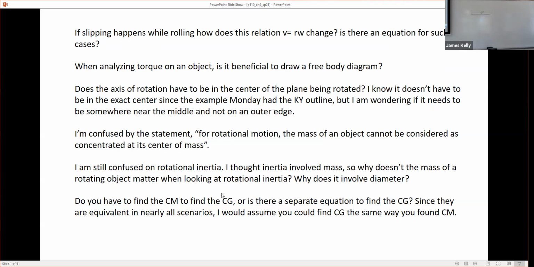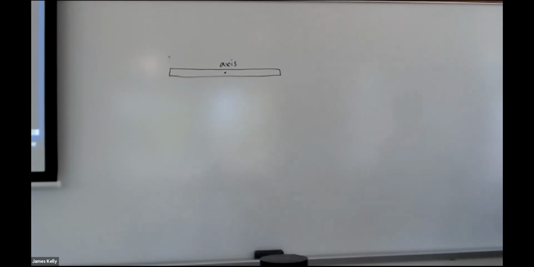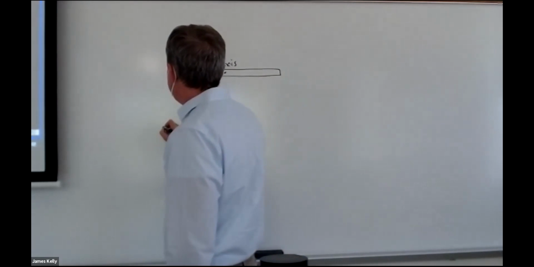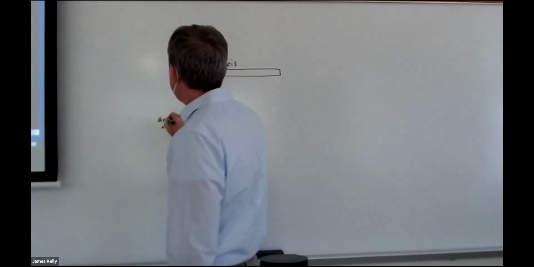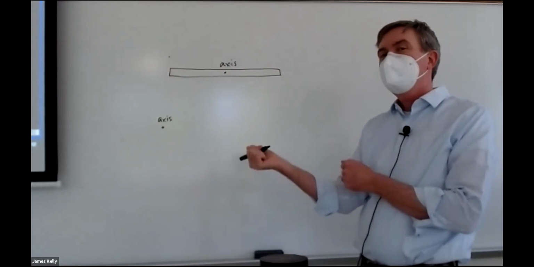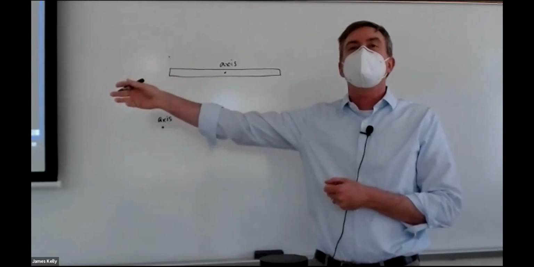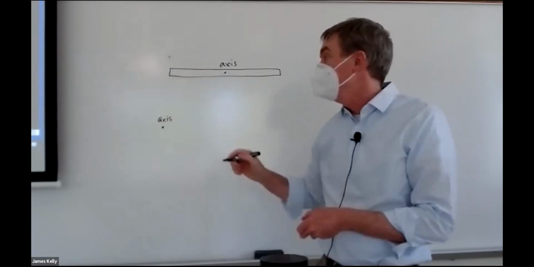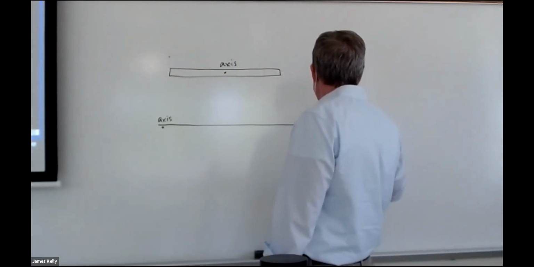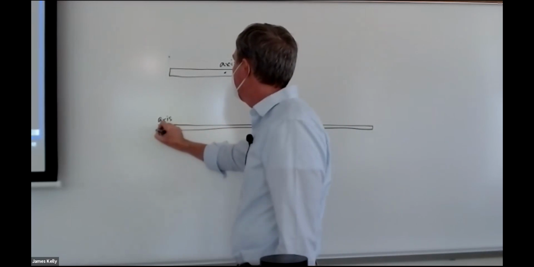So let's imagine that I compare two cases. Here's where my hand is, and I'm going to rotate about an axis, which is where my hand is, and I'm holding a rod. The rod's almost massless, but I'm going to put a really heavy mass on it somewhere, right? I'm going to do two cases. This is a very strong rod, but it has almost no mass.